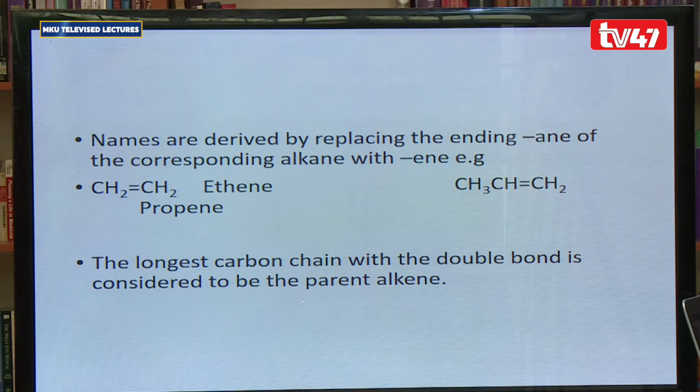Now, in terms of nomenclature, alkenes are named in a similar way as alkanes.